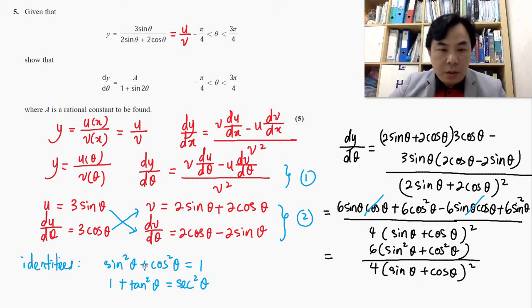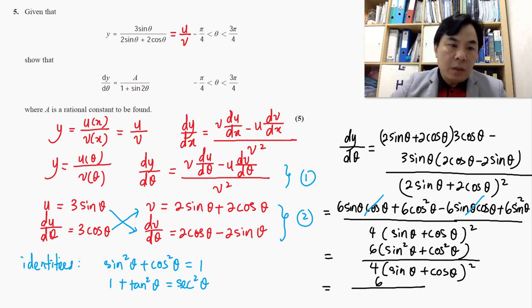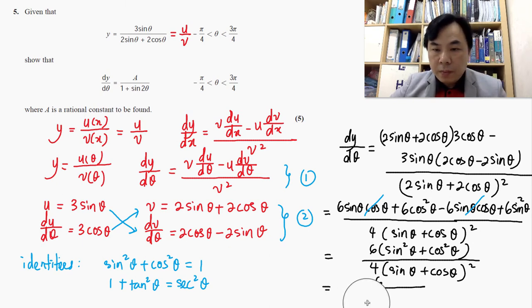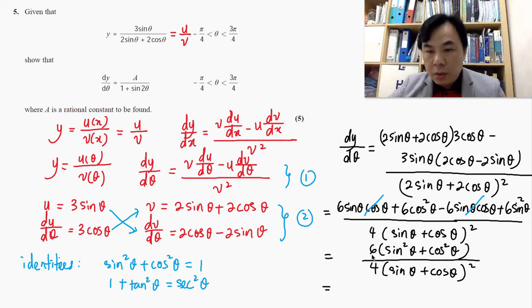From here itself, you notice that there is actually a 1. Therefore, we can simplify this into this. We can even simplify the number here, so let me simplify everything at once. Once I simplify, 6 divided by 4 is 1.5.